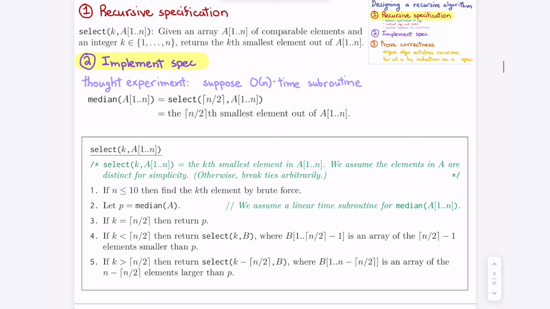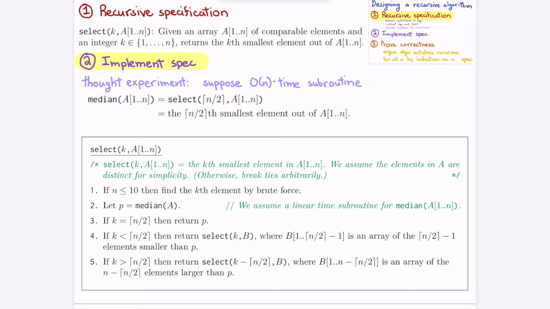So the pseudocode might look something like this. As usual, I feel like this makes it look more complicated than it really is. Here we get our pivot by just computing the median. If we are looking for the median, we're just done. We can return it. Otherwise, you want to assemble the array of everything smaller and recurse on the left, same value of k, or you want to assemble the array of everything bigger.